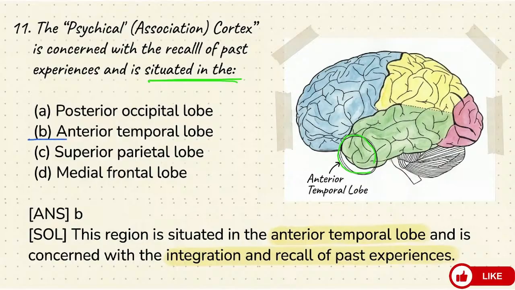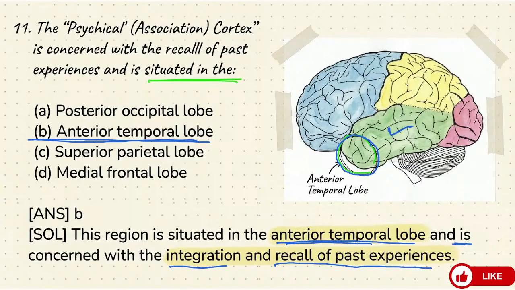At the anterior part of the temporal lobe you will find this structure. This region is present in the anterotemporal lobe and is concerned with the integration and recall of past experiences.